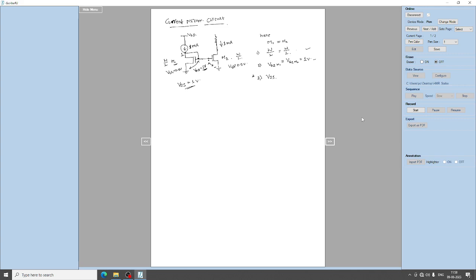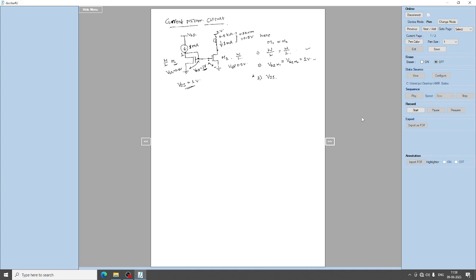So if I have a load of, for example, 0.5 kilo ohm, what is the drop across this load? 0.5 kilo into 1 milliamp is 0.5 volt. For example, if VDD is 2 volt, the drain and gate are at the same potential for transistor M1, so VDS is 1 volt.